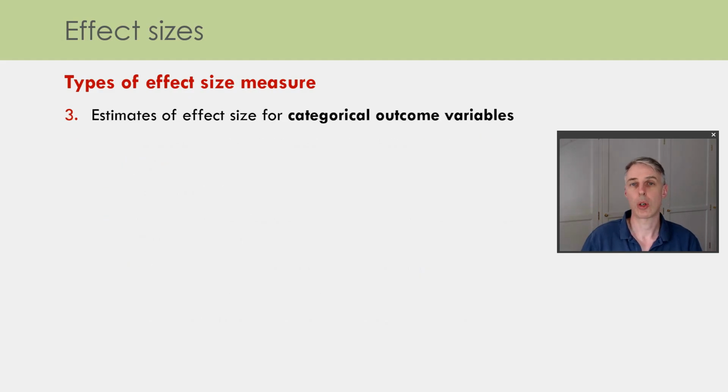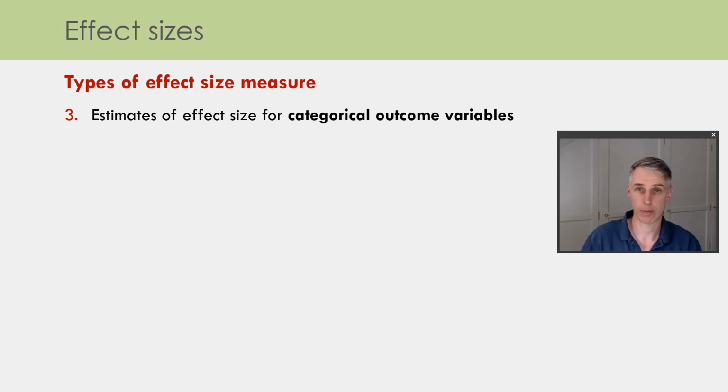The third type of effect size measure is a type that we won't really encounter again in this module. They are effect size measures used in relation to categorical outcome variables. Remember that all of the techniques that I'll be covering in this module relate to continuous outcome variables.